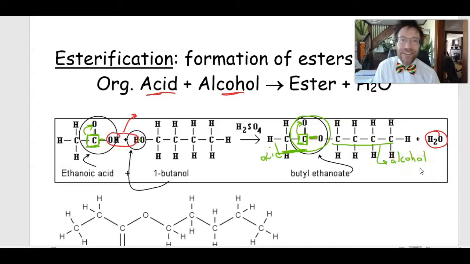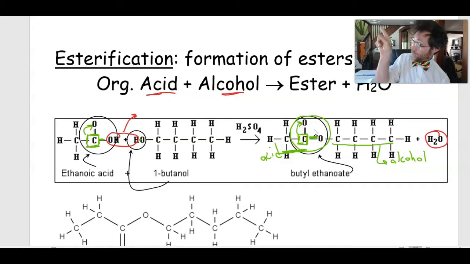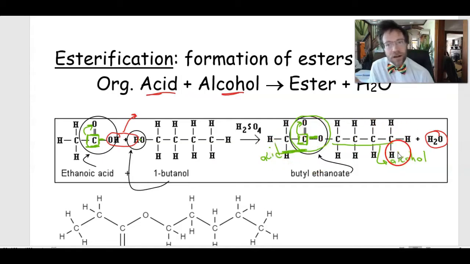How can you tell that? Because an acid has a double bonded oxygen and an alcohol does not. So the side of the ester that has the double bond, which is also where we get the root name from, if you remember, comes from the acid. And this side, because there is no double bonded oxygen, comes from the alcohol, because alcohols don't have double bonded oxygens.